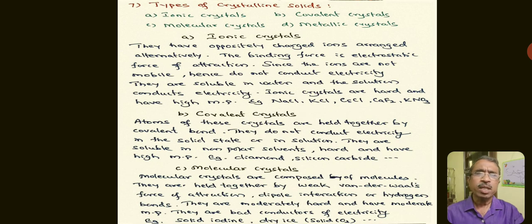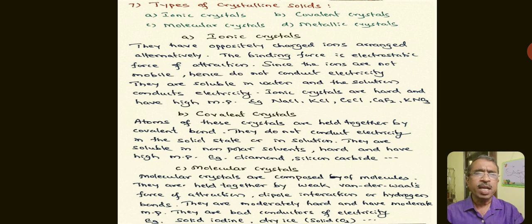Coming to the third type of crystals, known as molecular crystals. Molecular crystals are composed of molecules. They are held together by weak van der Waals forces of attraction, dipole interaction or hydrogen bonds.